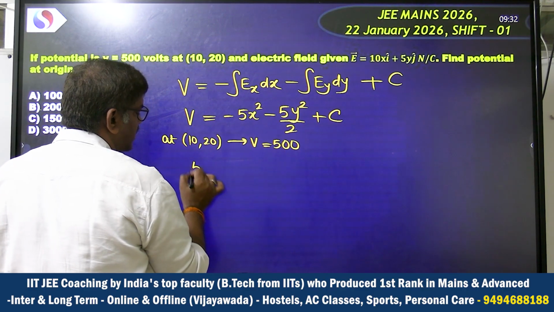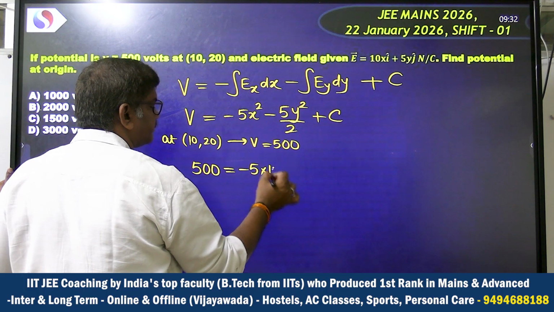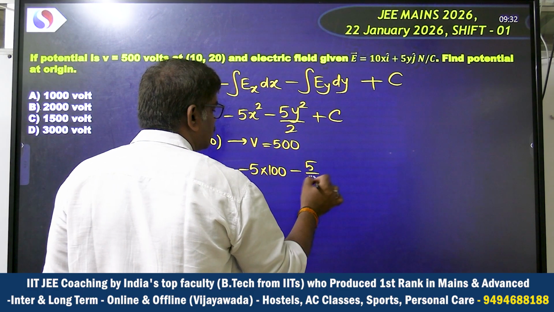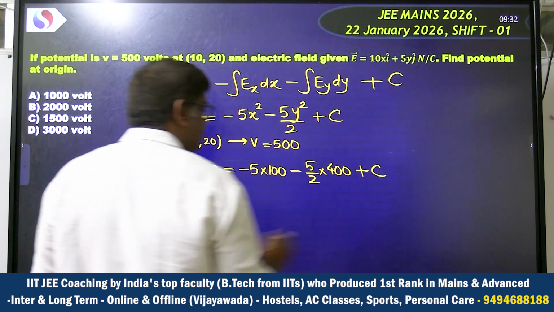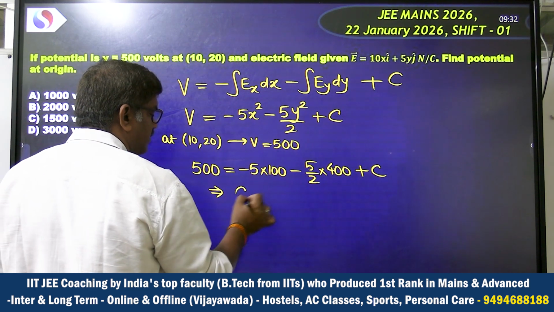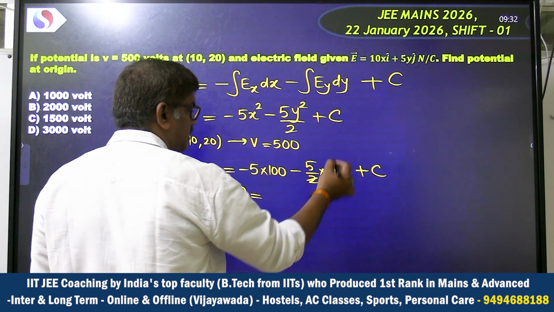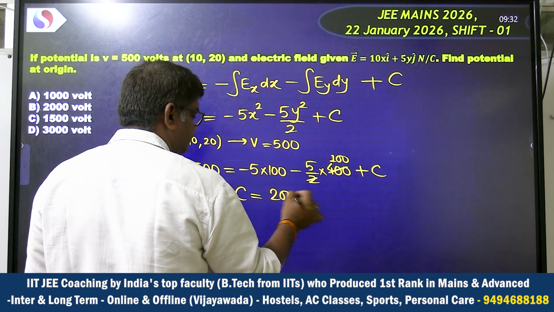So let me put these values: 500 equals minus 5 into 10 square, that is 100, minus 5 by 2 into 20 square, that is 400, plus C. This way you get the value of C as 500 plus 500 is 1000, plus 1000, that is 2000 volts.